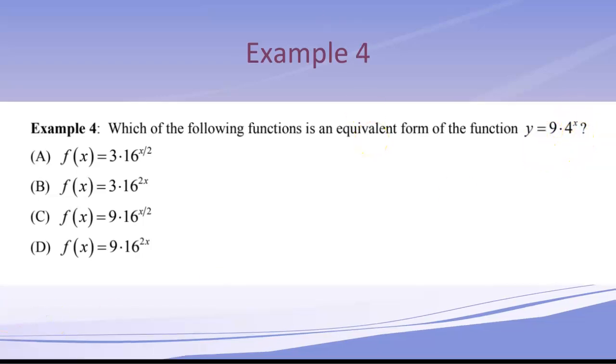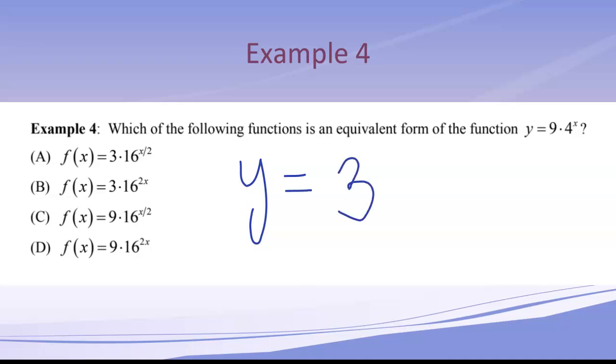So let's manipulate our answer options then if we're having trouble manipulating the original. So I'm going to rewrite this, first of all, in a way that makes more sense to me. y equals 3 times 16 to the x over 2, which is the same thing as 1/2 x. And now, hopefully, we're making a connection with why we just talked about that rule for converting.